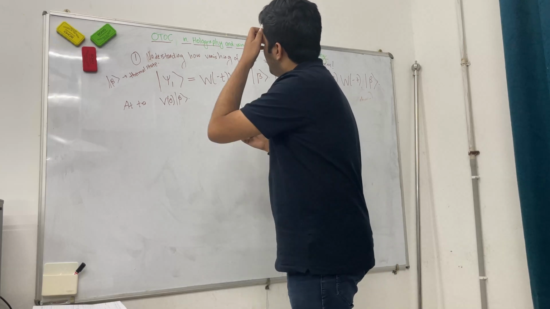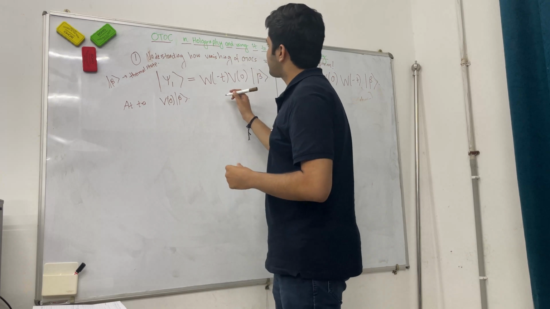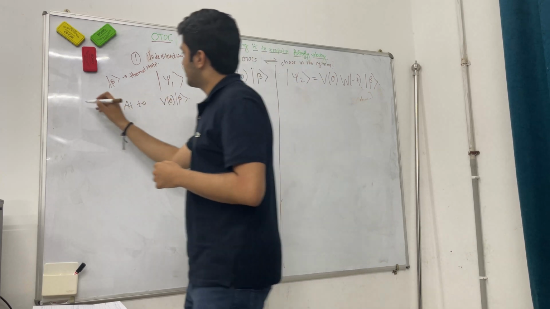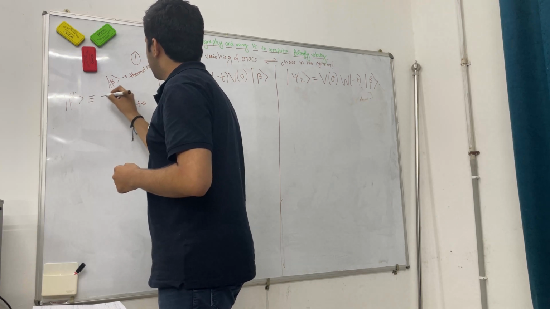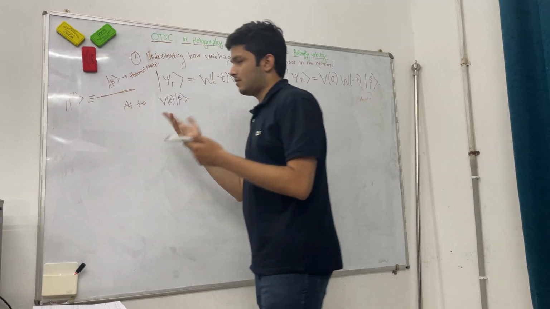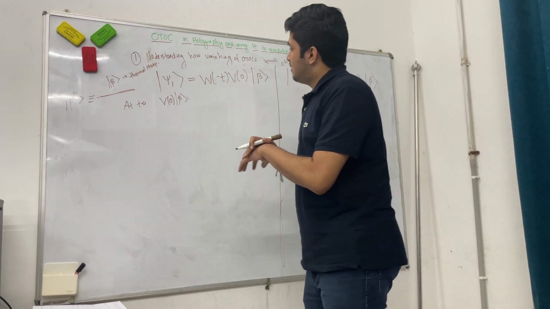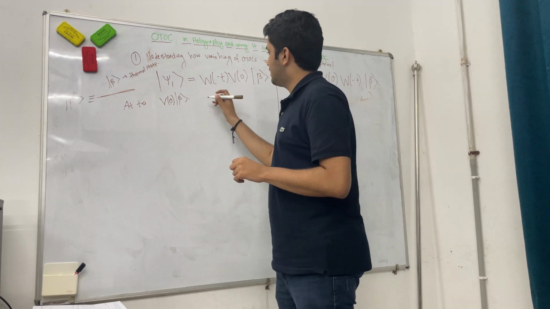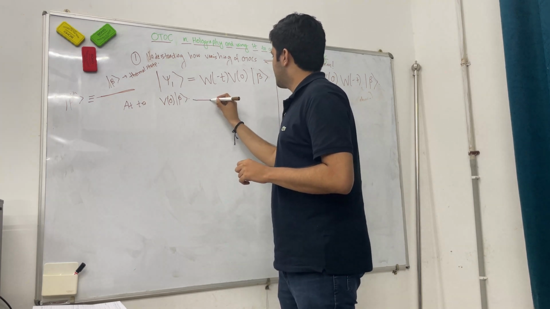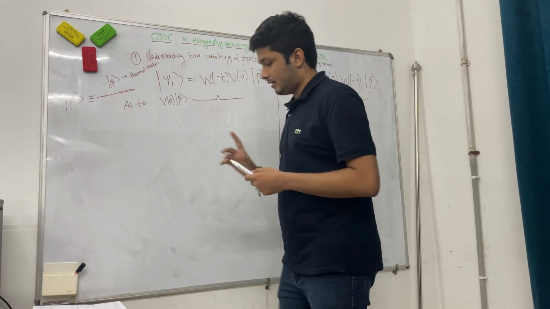So pictorially, if you want to understand this, I'm just going to denote beta as a horizontal line for pictorial purposes. When I act V naught upon this thermal state beta, the picture becomes like some perturbation.